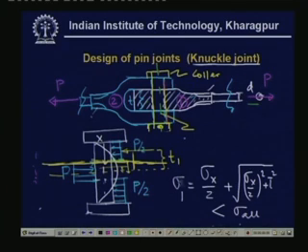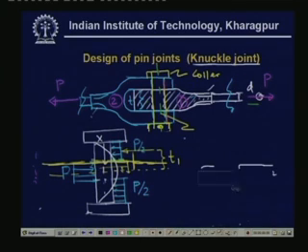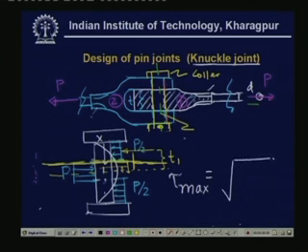For that purpose, tau max is equal to the square root of sigma x by 2 square plus tau square.